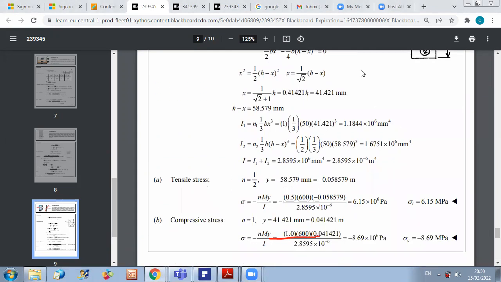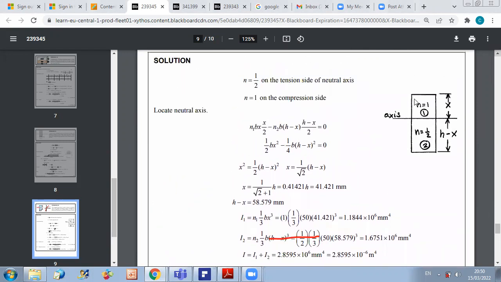Once you know the value of x, you can now calculate the inertia about the neutral axis for your system. The total value of I is the inertia of part 1 plus the inertia of part 2, of course for the modified section.